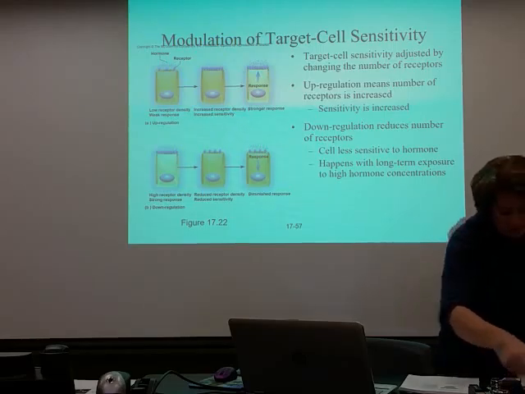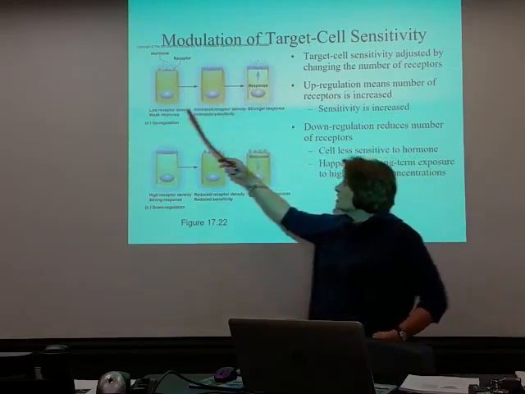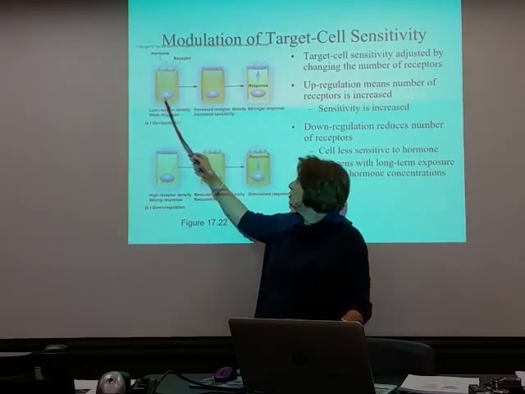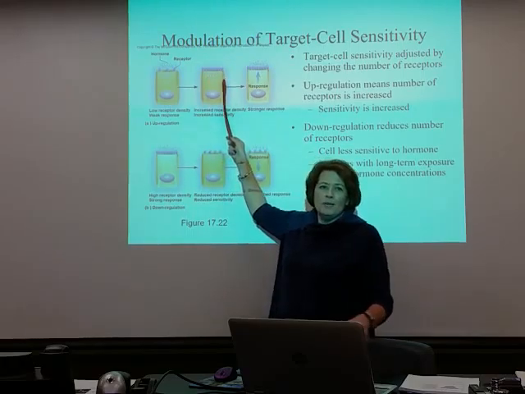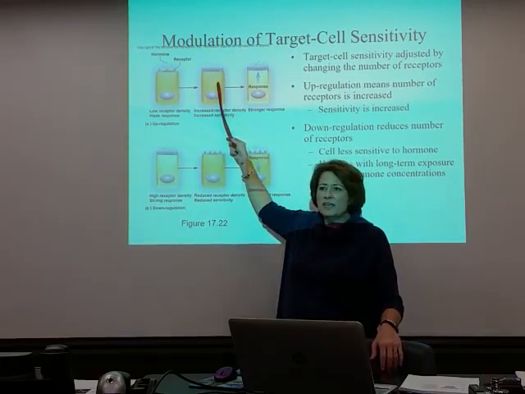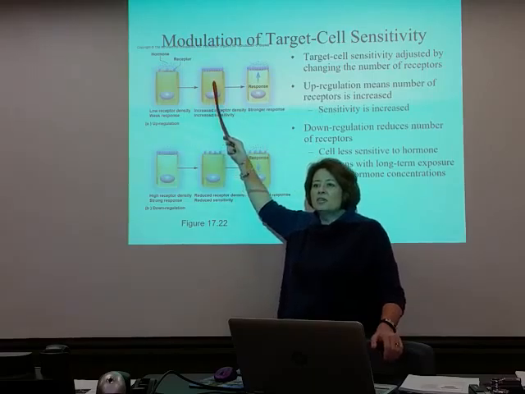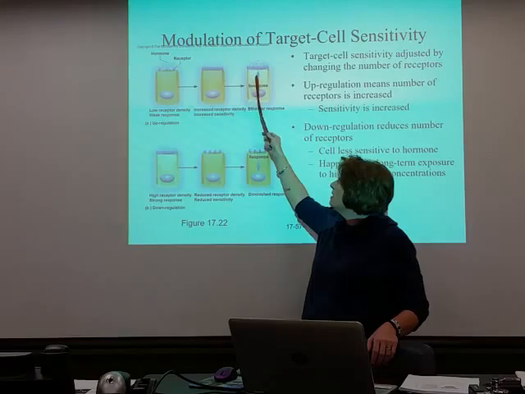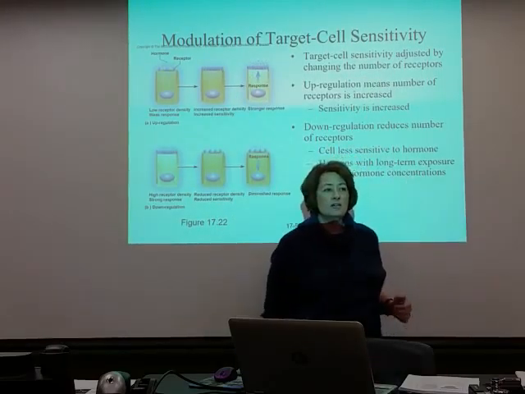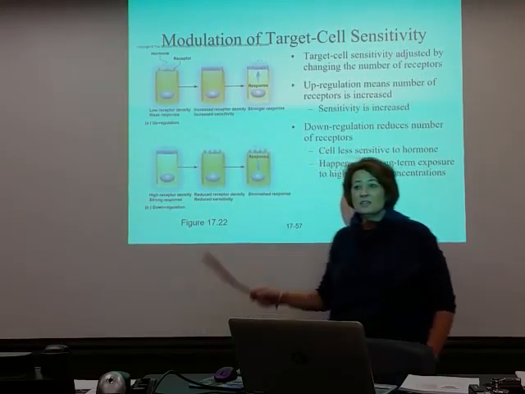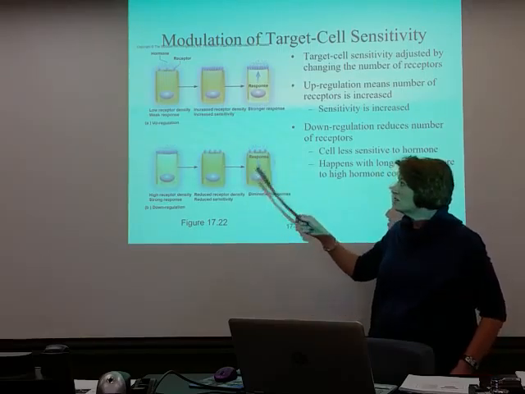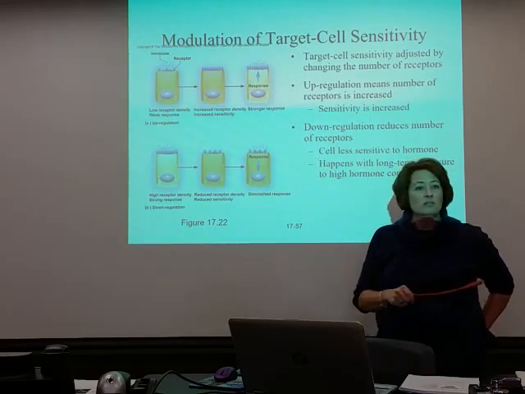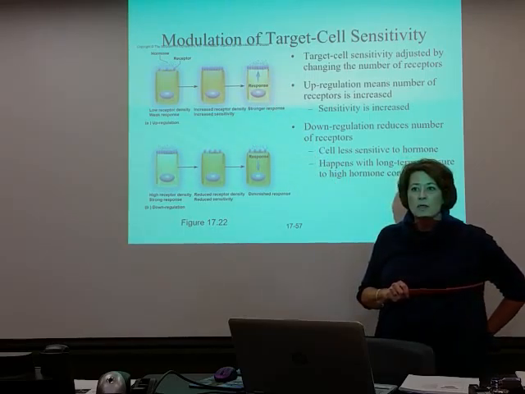So this cell right here had just a few. It said, whoa, wait a minute, I think I need some more of that chemical. So let me increase my receptors so I can get more of that chemical, and then I can have more of a response. So the cell controlled its usage of the hormone by increasing the number of receptors.